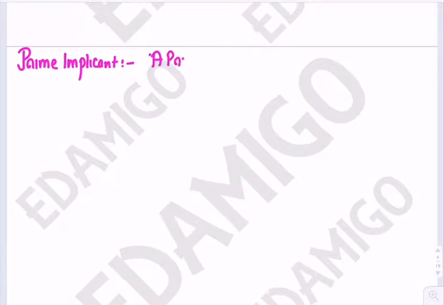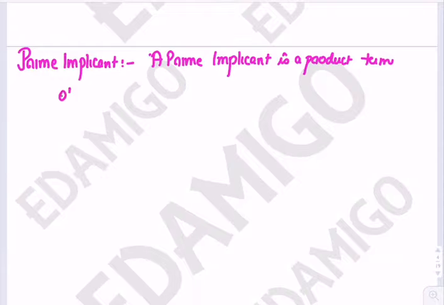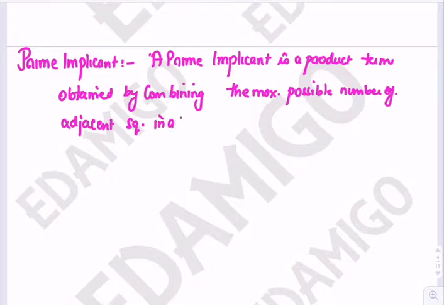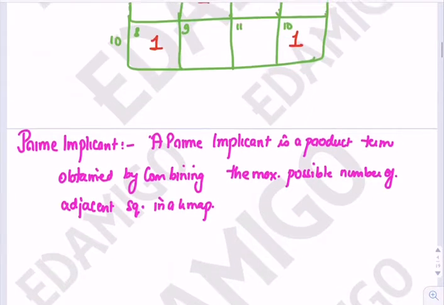A prime implicant is a product term obtained by combining the maximum possible number of adjacent squares in a K-map.